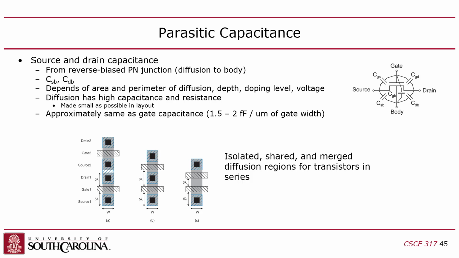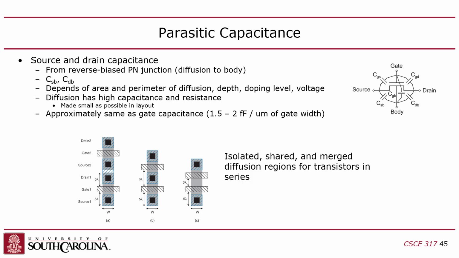It's kind of hard to see, but it's actually this rectangle of gray. That's actually the diffusion area, right? And then these squares are actually contacts. And the contacts connect the diffusion area to a wire.